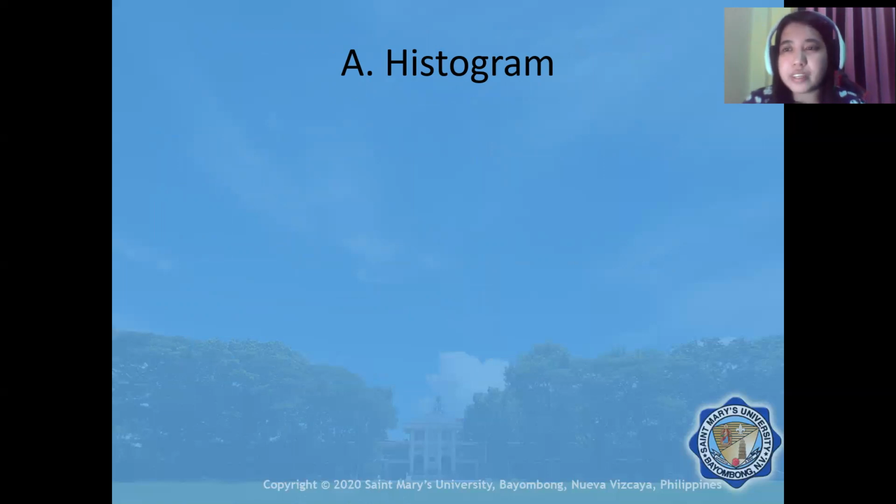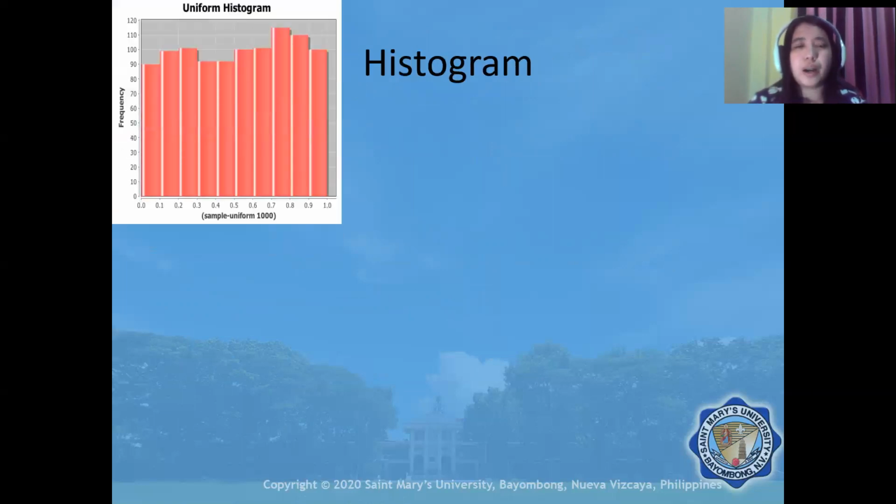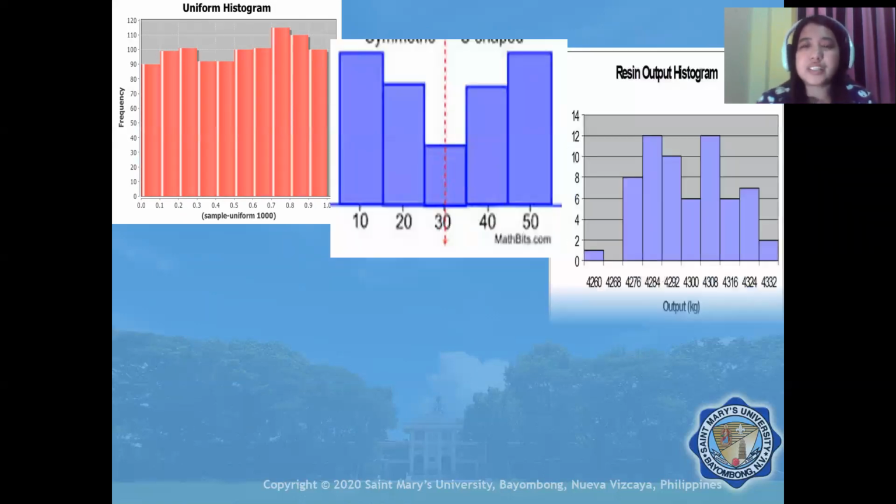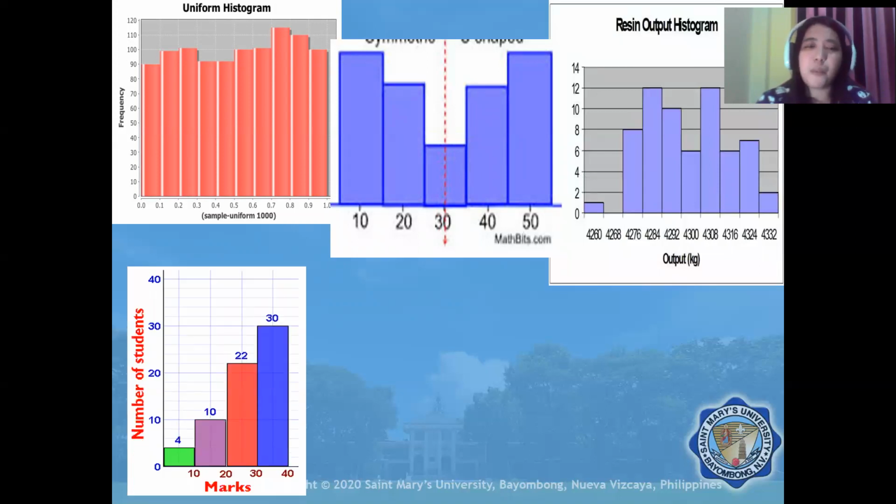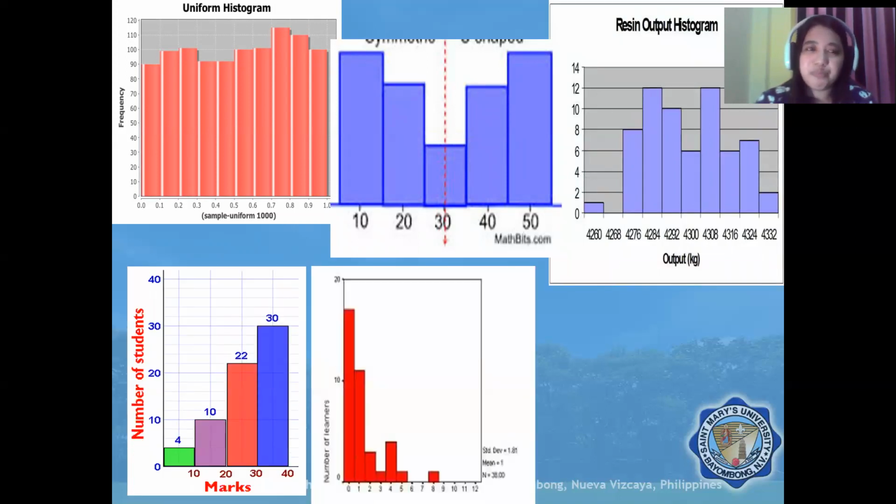So in our previous discussions and topics that we tackled, you were asked to construct a histogram. So if you will be asked to make use of several data and come up with a histogram, you might encounter some of these shapes.